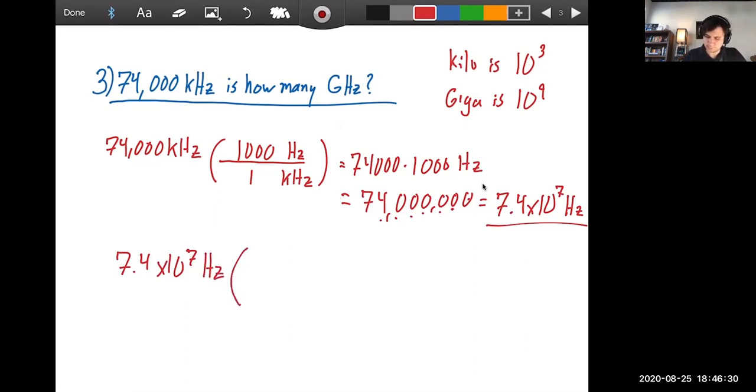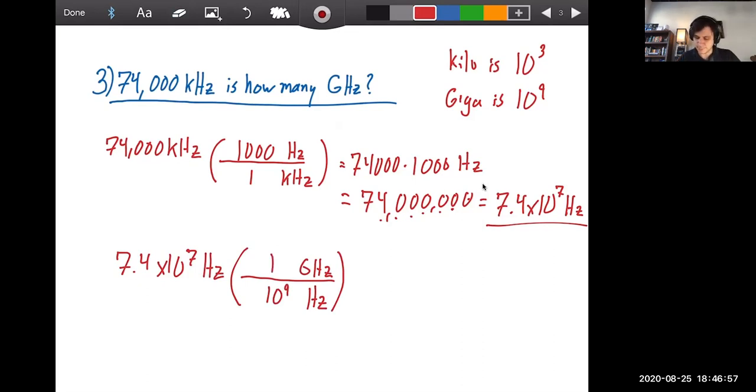So these two will cancel to gigahertz. Well, how many hertz are in a gigahertz? Giga is 10 to the 9th, a billion. So there'd be 10 to the 9th, 1 billion hertz in 1 gigahertz.